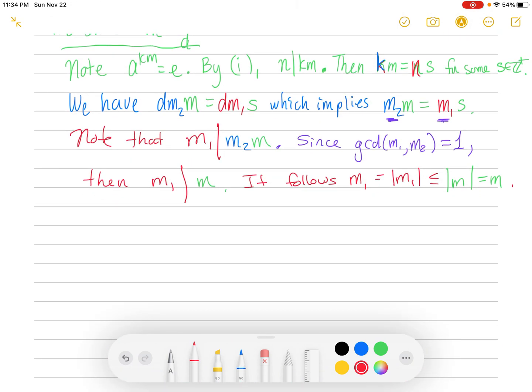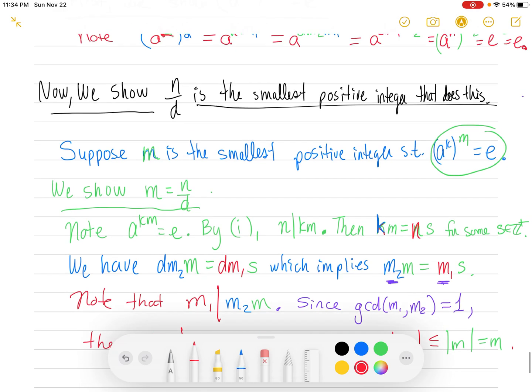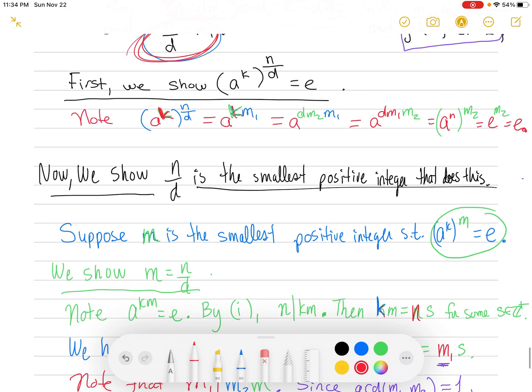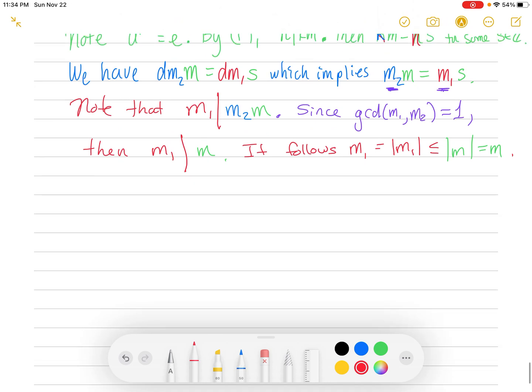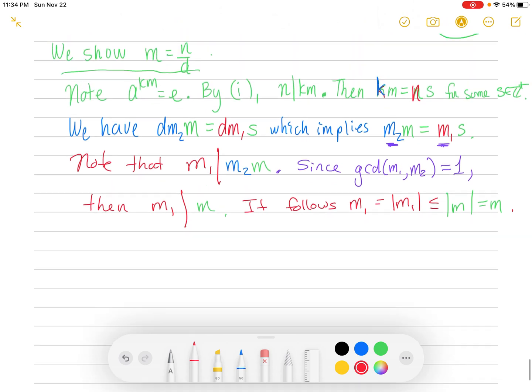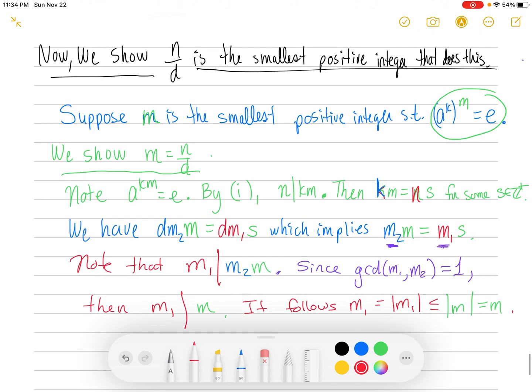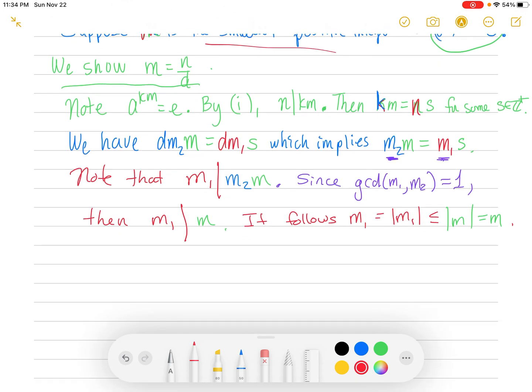We found a positive integer, m1, also known as n over d, that we were able to raise a to the k to that power and get the identity. And this is less than or equal to m, but wait a second, m here was supposed to be the smallest, right? M is supposed to be the smallest.